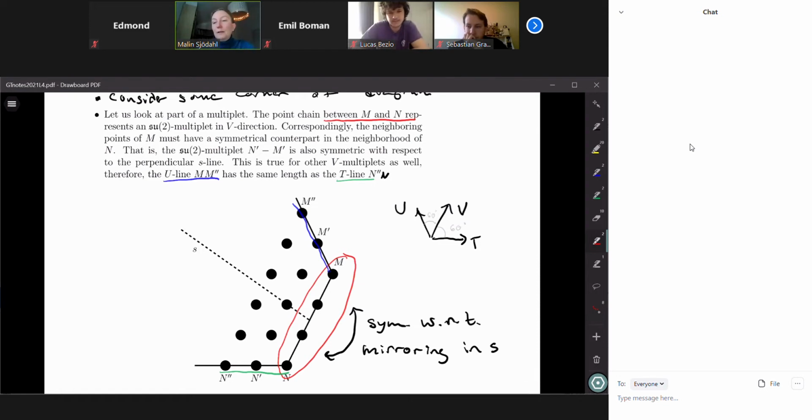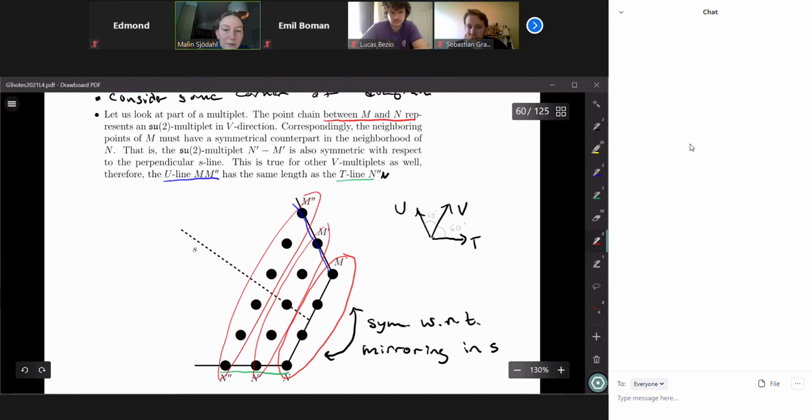And this means that this line here is symmetric when we mirror across its middle. And the same thing actually applies for this multiplet here and for this multiplet here.